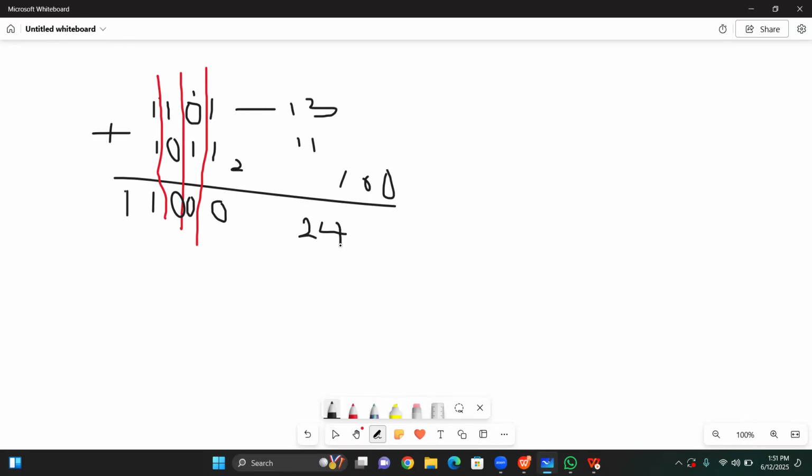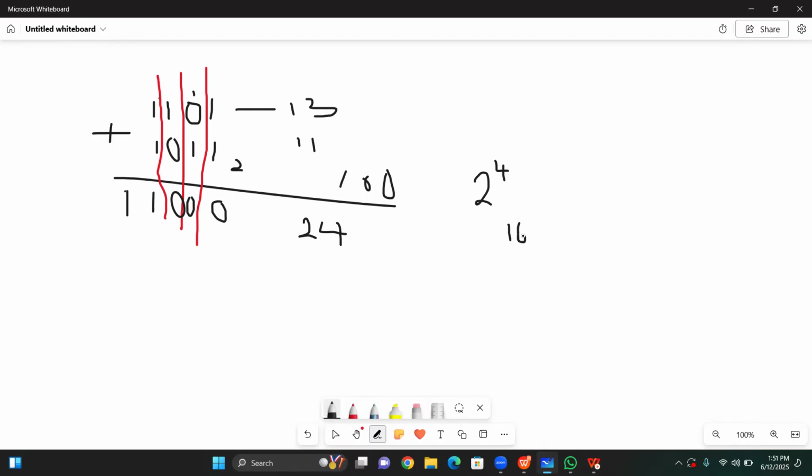And if you check, 4 bits will represent 2 raised to power 4 if it is unsigned. 2 raised to power 4 will give us 16.